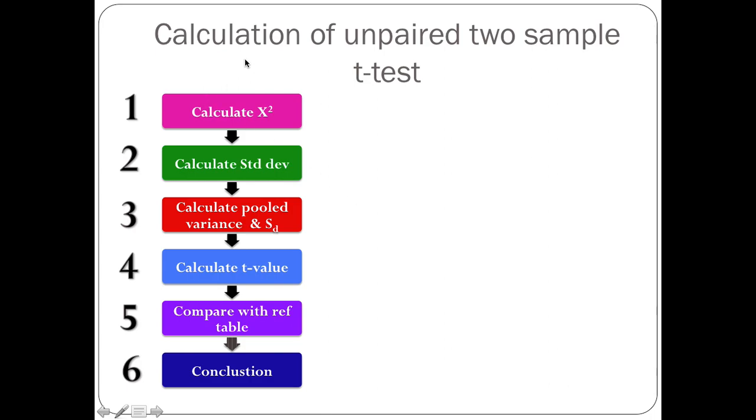First, prepare the standard table and calculate the square of the numbers, the x square, followed by calculating the standard deviation. The third step is calculating the pooled variance and the standard deviation. Finally, calculate the t-value, compare with the reference table, and draw your conclusion. As simple as that.